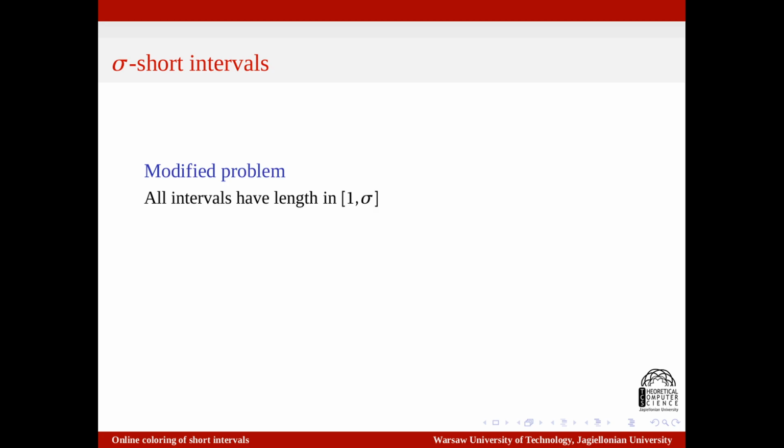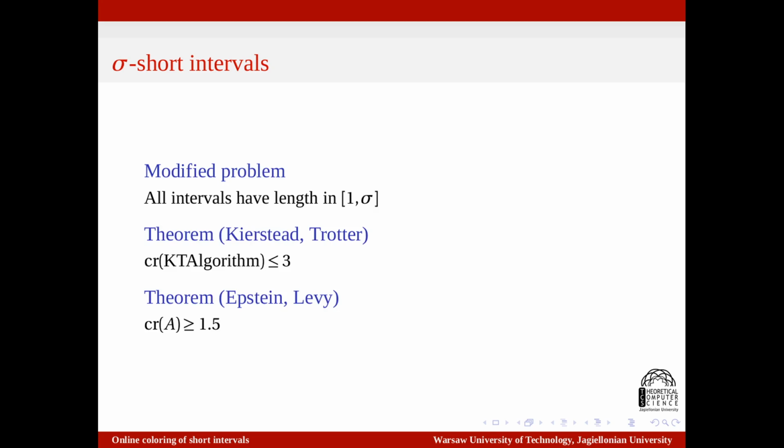So all we get from the previous results is that the algorithm by Kierstead and Trotter works for any sigma. So we have a 3-competitive algorithm for all those problems. And the lower bound by Epstein and Levy uses only unit intervals, so it's a lower bound for all our problems for any value of the parameter sigma.